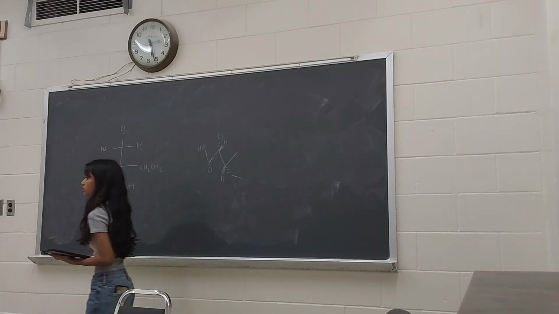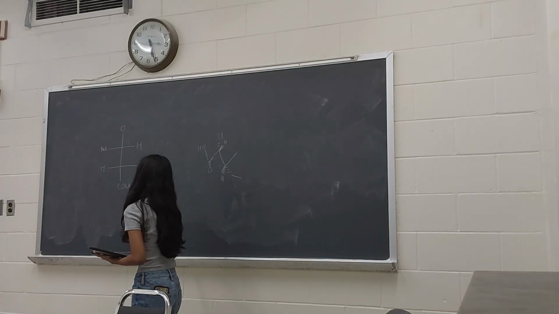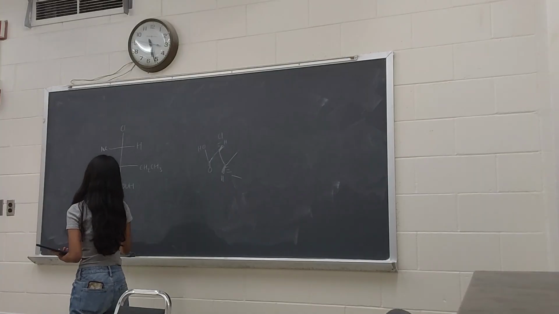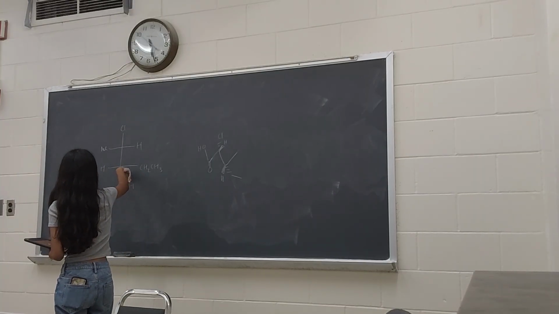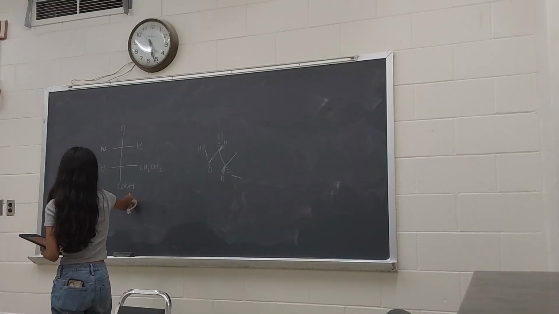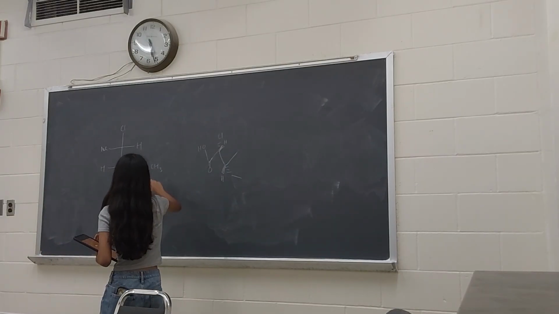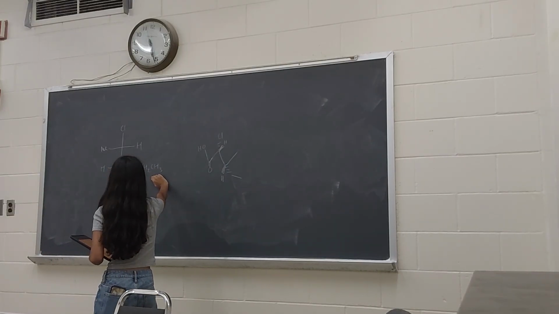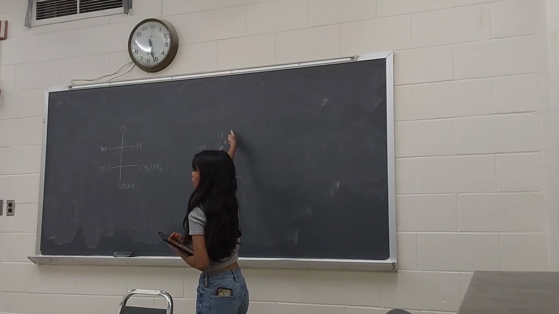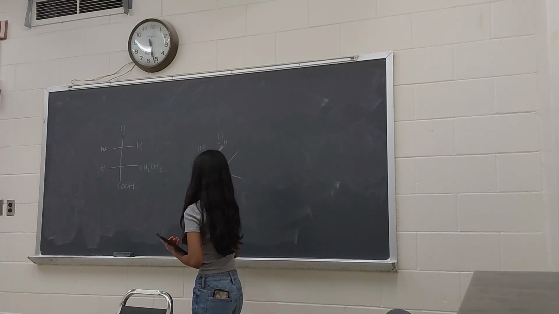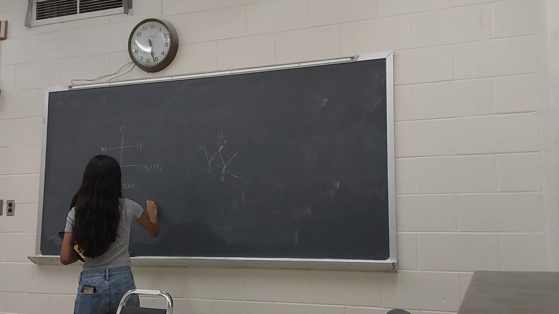What did we notice about this one? Not the same connectivity, right? Yeah. So let's see. This has carbon, carboxylic acid, CH2, CH3, and hydrogen. Carboxylic acid, chlorine, right? So it's different. So these are constitutional isomers.